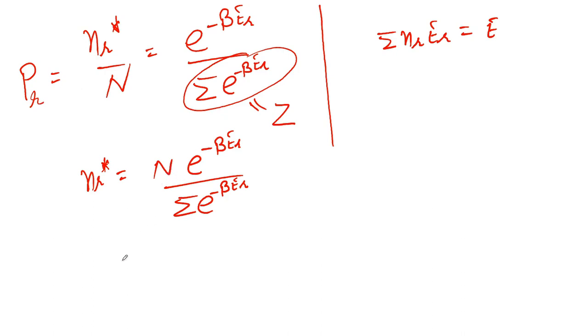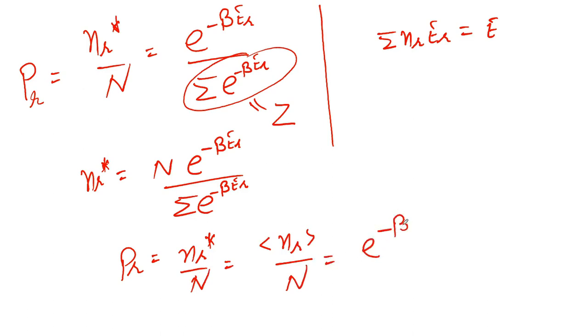So this pr we can write as nr star over capital N. That we generally represent in terms of eigenvalue nr, equal to exponential of minus beta er over summation of e raised to power minus beta er.